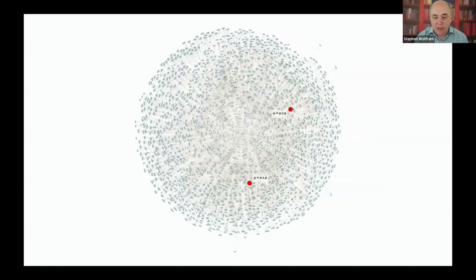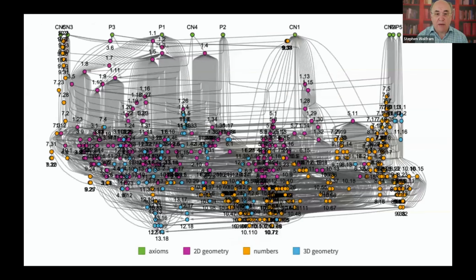You can do a bit of analysis of existing structures in mathematics. Those are the axioms, those are the theorems of Euclid, starting from the axioms that Euclid writes down, and then proving 460 or so theorems. That's the proof graph structure for Euclid.